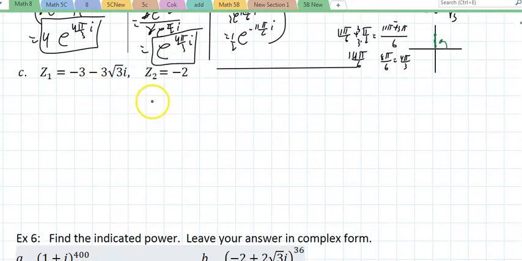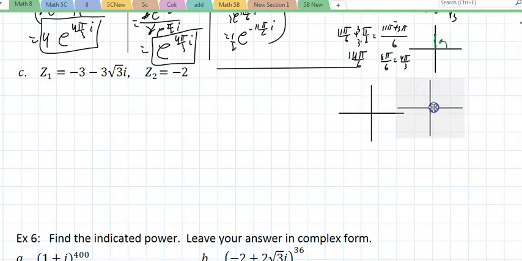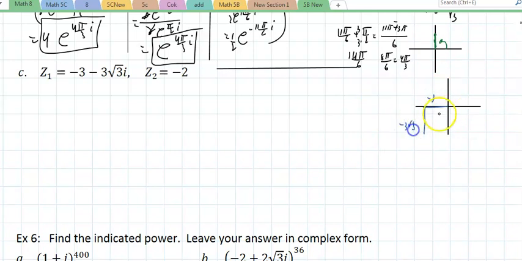So again, if I take this and I write z1, z1 is negative 3 radical 3. So r is right there. r squared is 9 plus 9 times 3, 27, that's 36, so r equals 6.